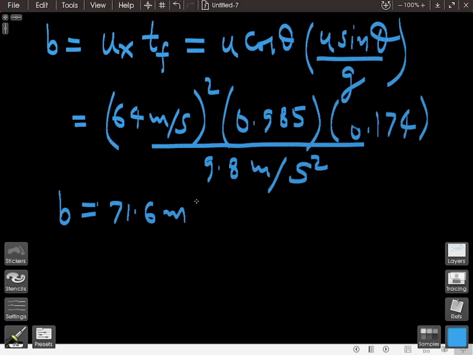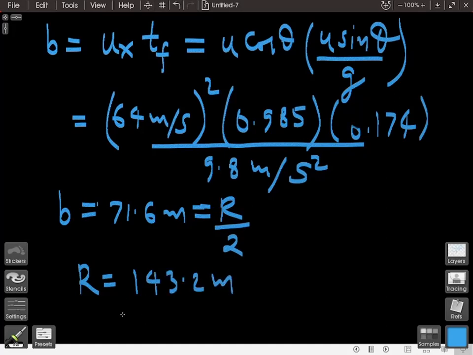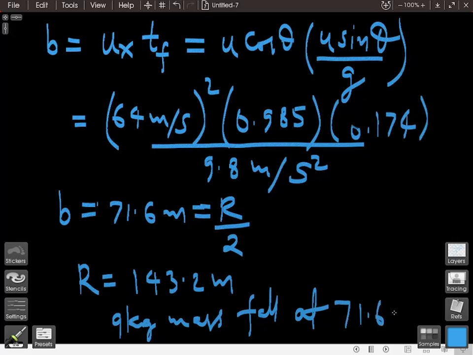So this is B and this is equal to half of the range if the shell had not exploded. So we know the range is equal to 143.2 meters, and the point where the 9 kg mass falls is 71.6 meters from the origin, right?